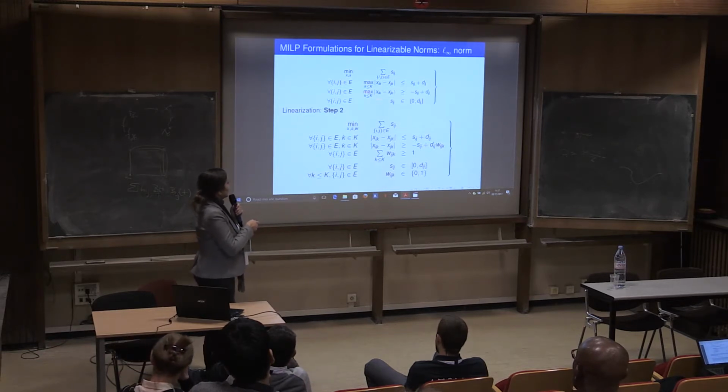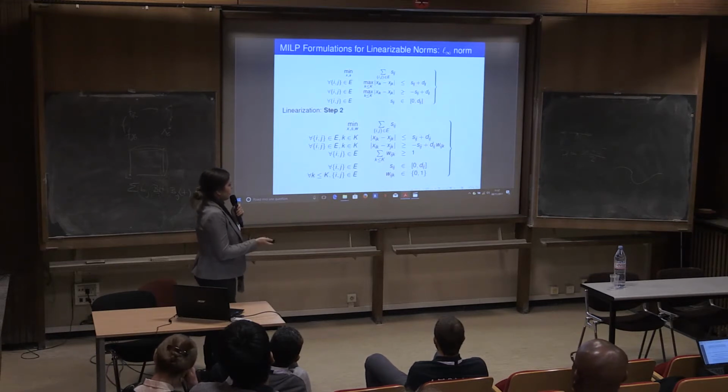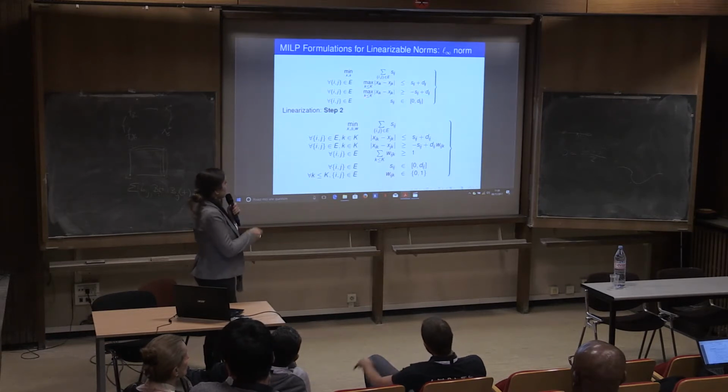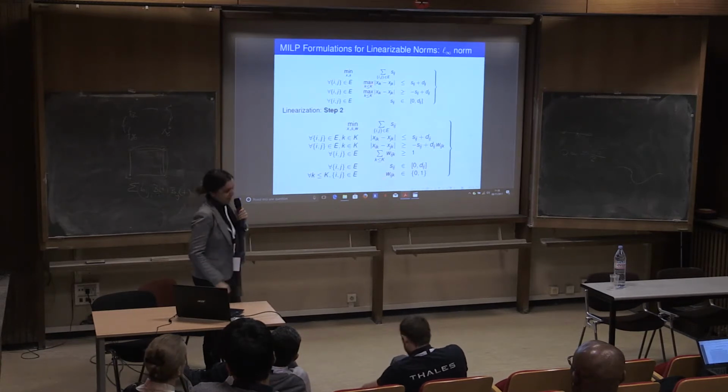In particular, we want this constraint to be satisfied just for the maximum. So we need to introduce again some binary variables and impose these constraints only for one wijk greater or equal to 1. Basically just one of these wijk will be equal to 1, and it will impose this constraint here. So from here to here we got rid of the max, and we added the binary variables.